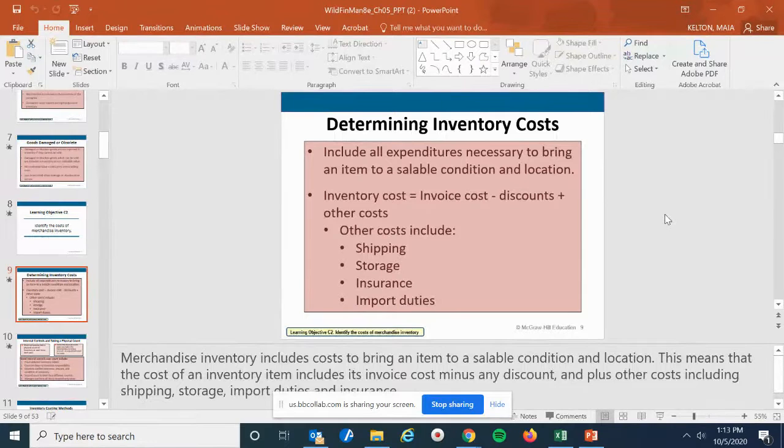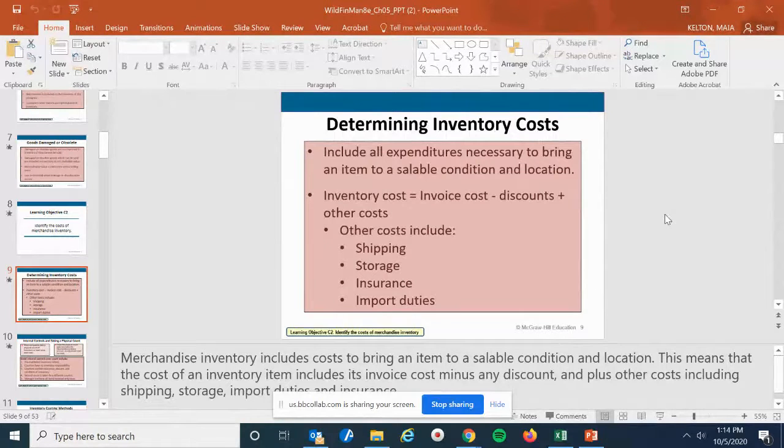Let's say Walmart orders bottled water from Pepsi Cola. They have a truckload of water coming in, and let's say the product itself costs $1,000. Now, the $1,000 definitely becomes a part of the inventory account.